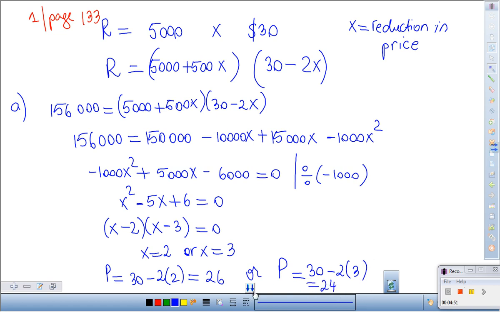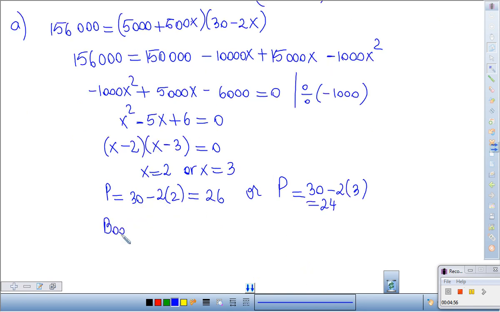And what are the number of books corresponding with these prices? So the books for when we have two reductions in price are 5,000 plus 2 times 2, sorry, 500 plus 2. I was still using the formula for price.